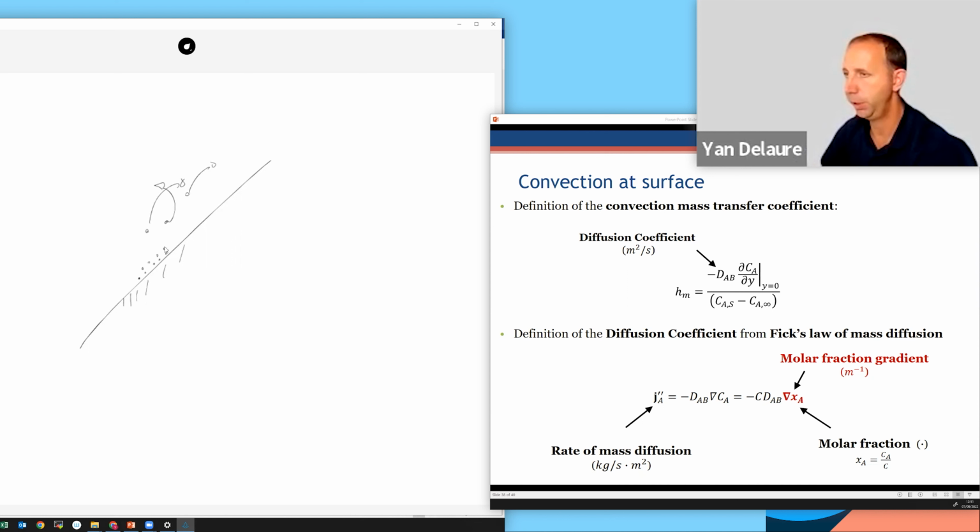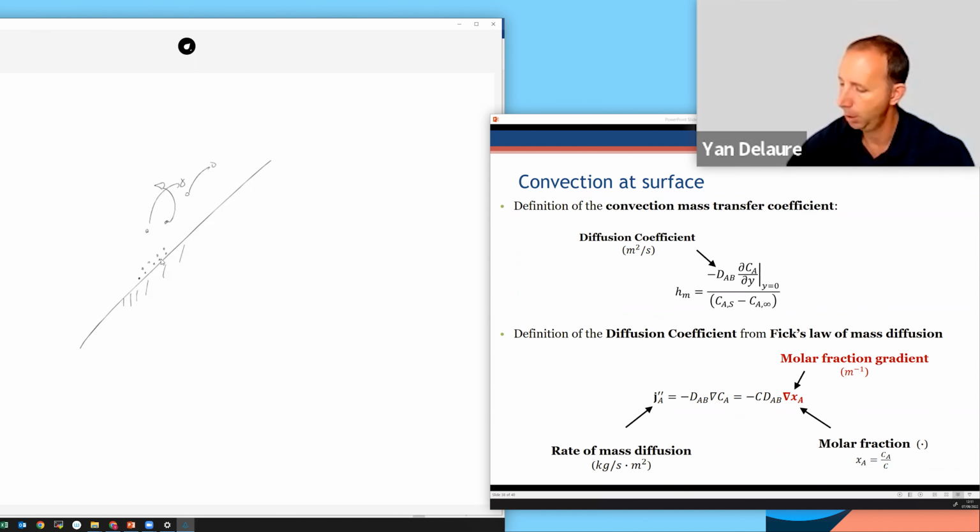Whereas very close to the surface, the molecules, even if it's gas, are not going to move freely like would be the case outside of that initial layer. So even if you have a gas which moves almost everywhere, in the very, very small layer near the surface, due to the surface roughness, you end up with a diffusive process. That is, you don't have bulk motion of the molecules.